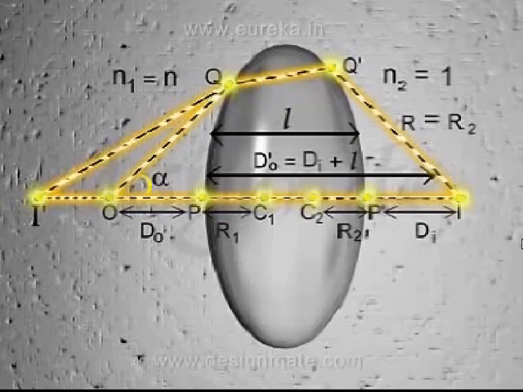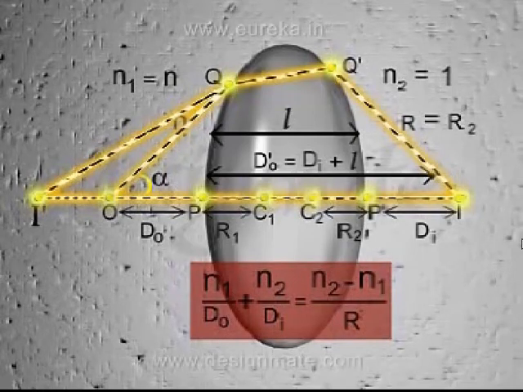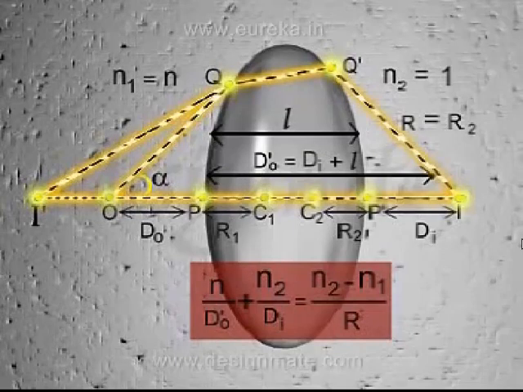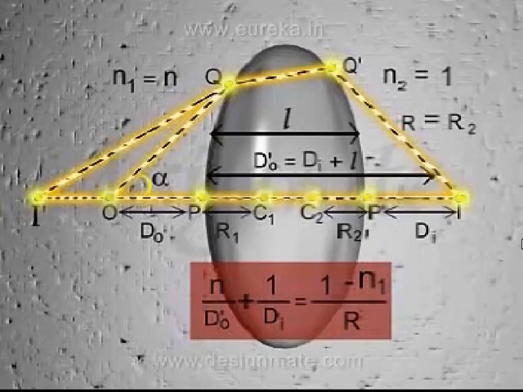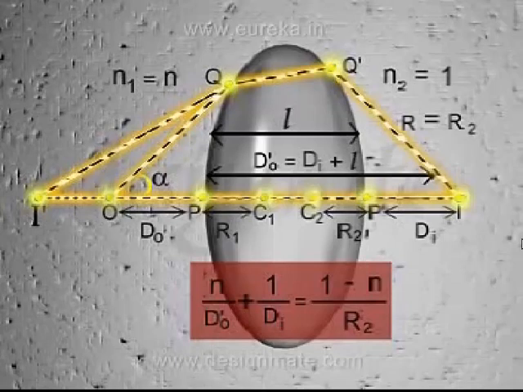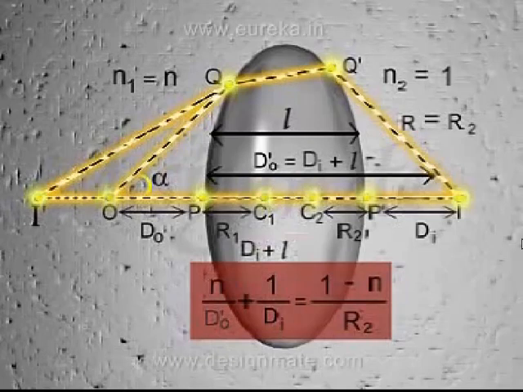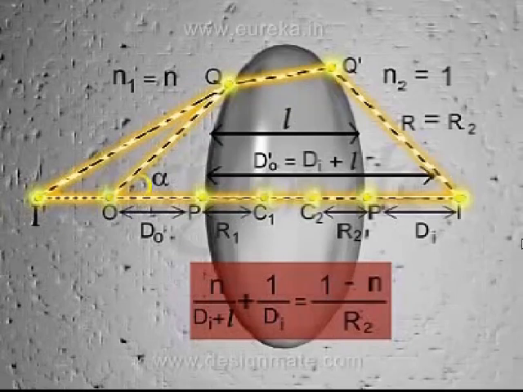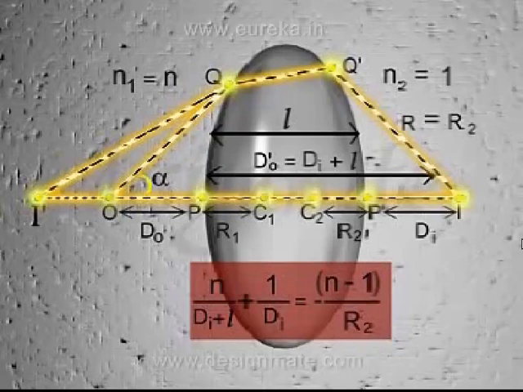Substituting these values in equation, n upon DO plus 1 upon DI is equal to (1 minus n) upon R2. Therefore, n upon (DI plus L) plus 1 upon DI is equal to minus (n minus 1) upon R2.